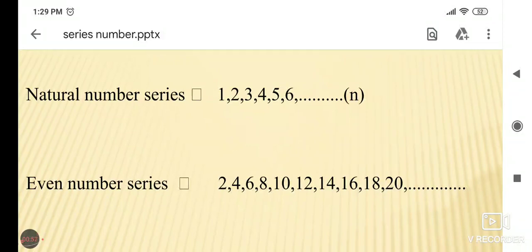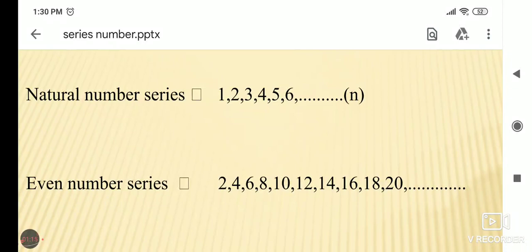Let us start with the simple patterns, that is the natural number series pattern. In this pattern we can easily identify that the natural numbers are in ascending order: 1 2 3 4 5 6.